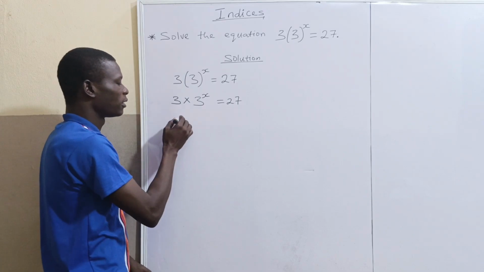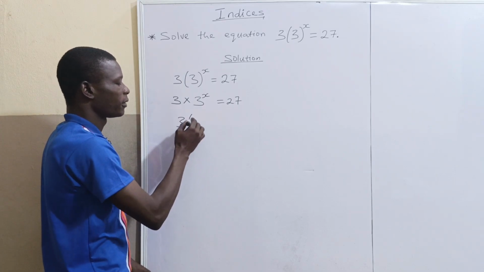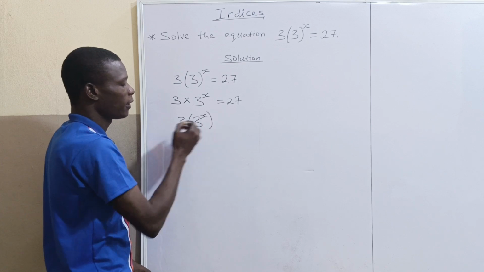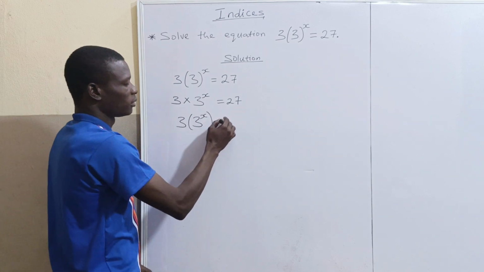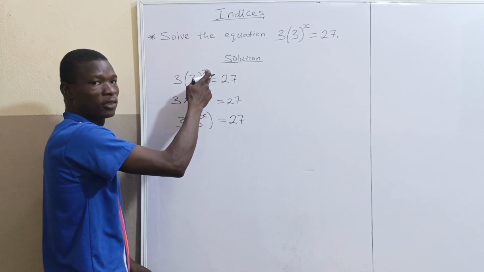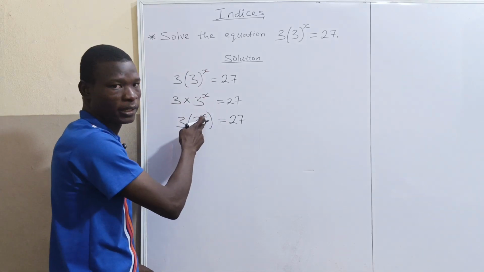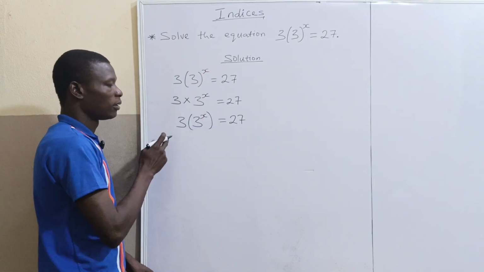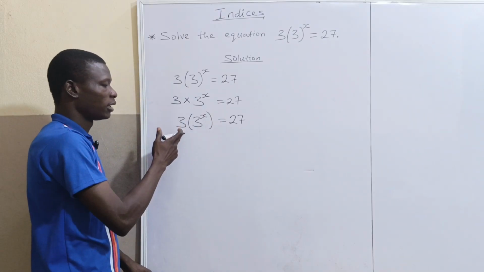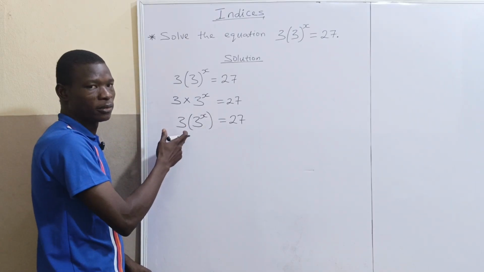Of course, this can be rewritten again as 3 bracket open, 3 to the x power, close bracket equals 27. Now this x there, we've been able to bring it into the bracket here. Now what's the next thing? It is to collect like terms. 3 is not having any variable with it.